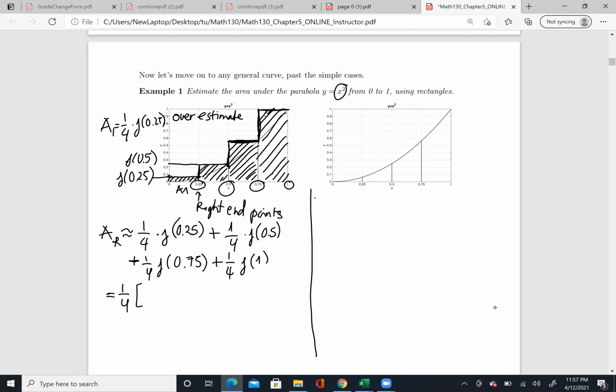So change n to be 4 intervals only. And then I want to have the right endpoint first. So the right endpoint is here.